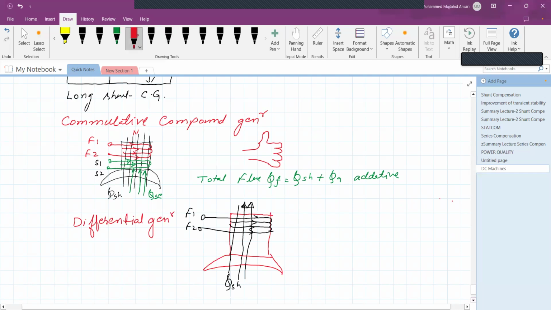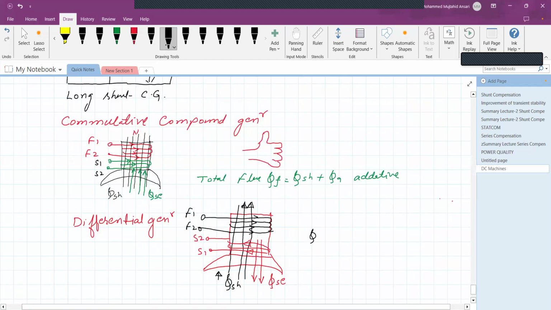But the series field winding is connected opposite, and the current is also in the opposite direction. So this will be S2 and this will be S1, in such a way that the flux created by the series field winding is downward, and opposite to the shunt field winding.